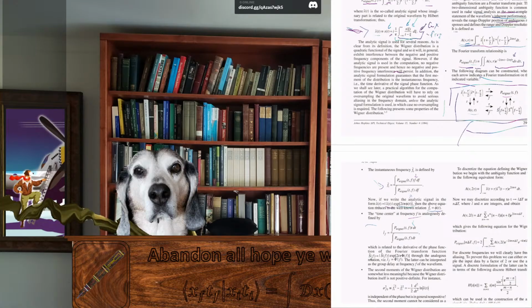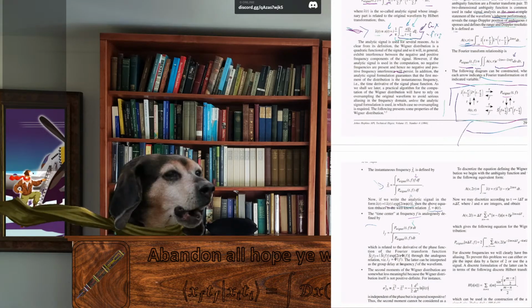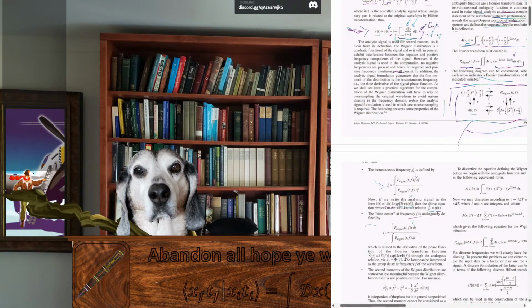So if big capital S tilde of f equals what it is, then t, the instantaneous time center, whatever that phraseology means in this case, is just the oscillatory part of the frequency version of this function. Again, these functions are interchangeable because they're Fourier transforms of each other. So if you can do something to one side, you can do it to the other.